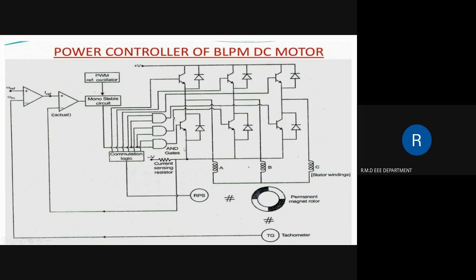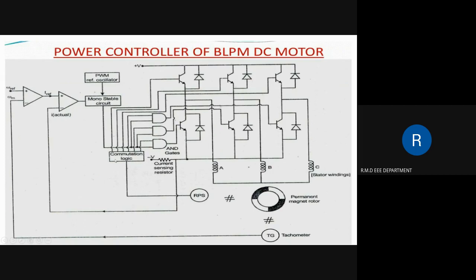The feedback diodes are connected across the main devices. The stator armature winding is assumed to be star connected, and the rotor carries the rotor position sensor, and the shaft is coupled with the tacho generator in order to obtain the speed feedback signal.